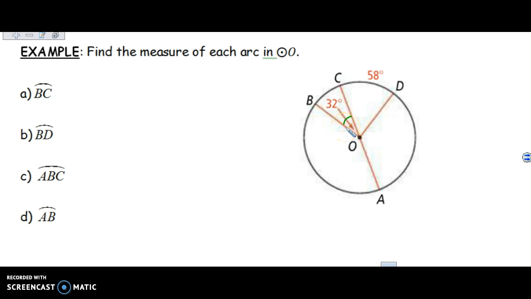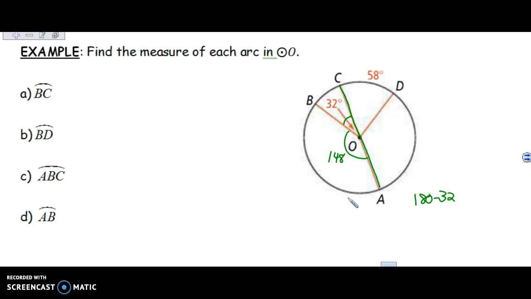We can do this a couple of ways here. We can take the fact that half of a circle is going to have 180 degrees. So I could take 180 and subtract out the 32 degrees here to get the measure of that angle. So that would be 148.